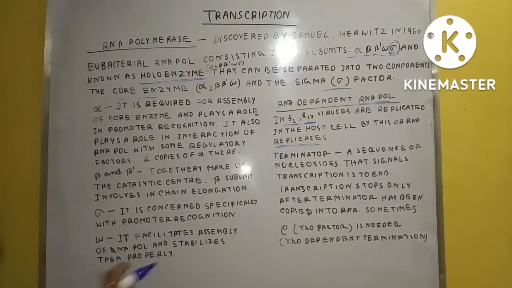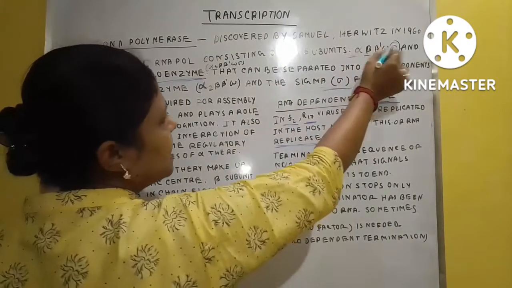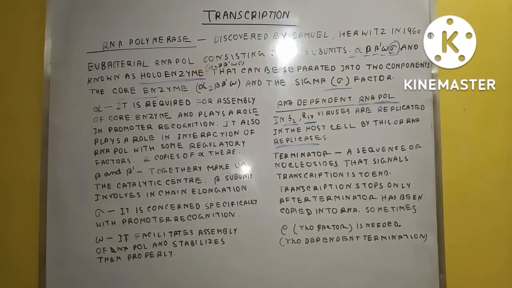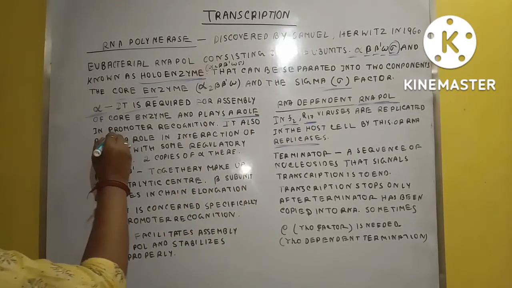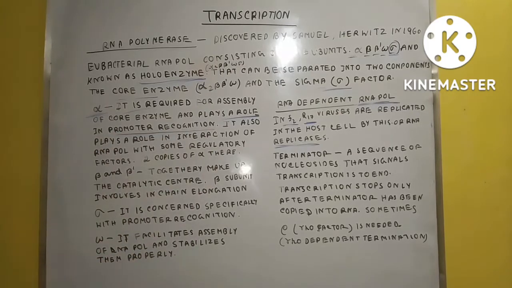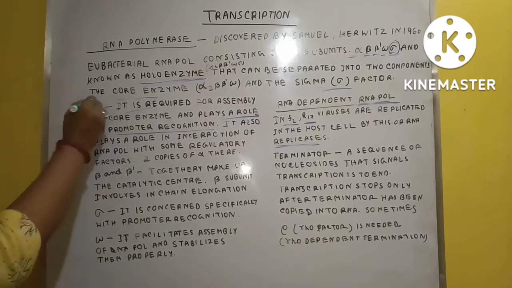Now we learn the actual role of the factors, that means the sigma factor, alpha, beta, beta dash, omega. Generally two alpha subunits are there, alpha 1 and 2. They are required because they play an important role in promoter recognition. The promoter is present in the DNA strand, and this is recognized by the alpha factor.